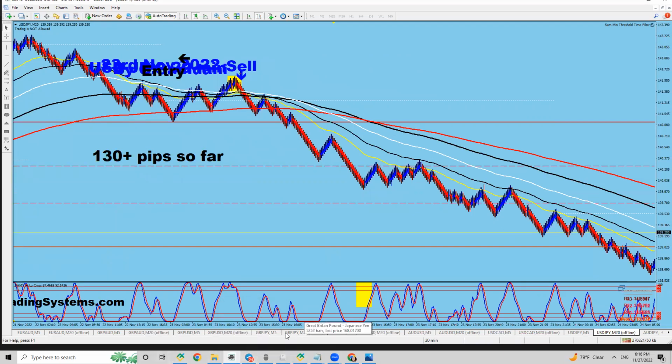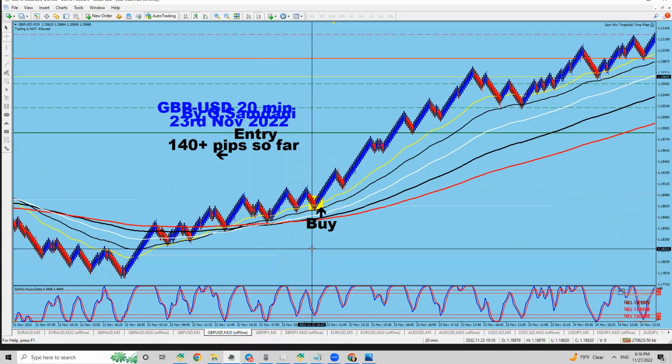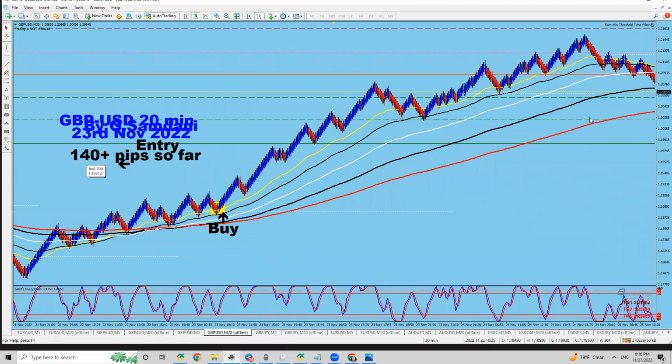GJ long, around 9 o'clock, and here, 9:50, and right there is my entry, 10 o'clock, 11:23, right? So exactly this one, the one I tweeted, and it is for 140 pip, in a straight line. So only these two trades is almost 300 pip, 275, 280 pip, right?